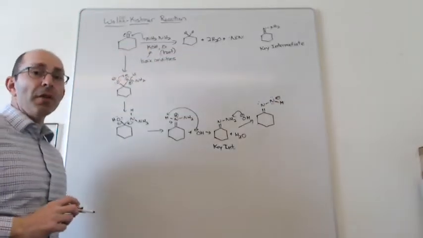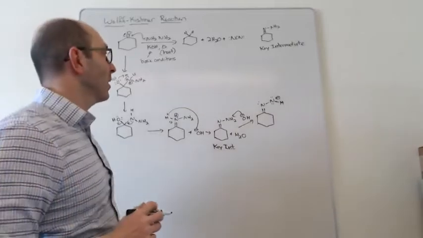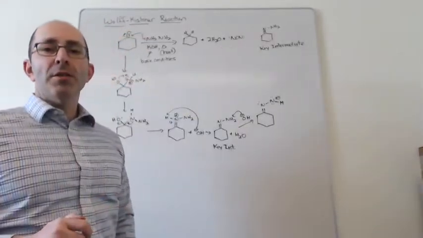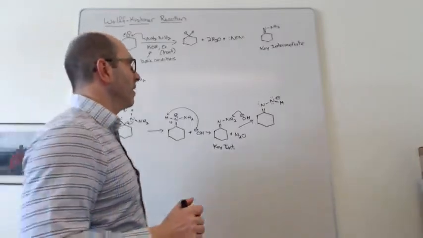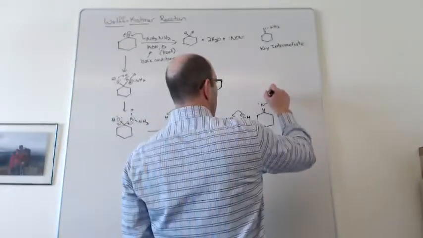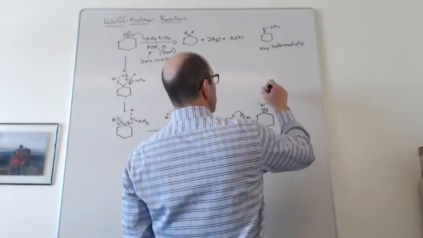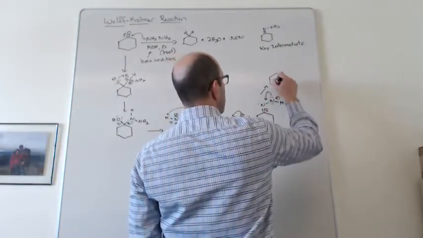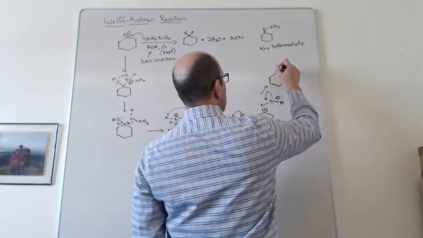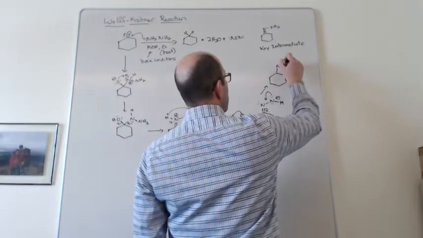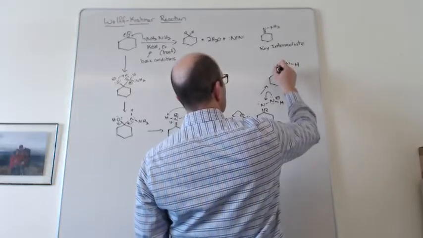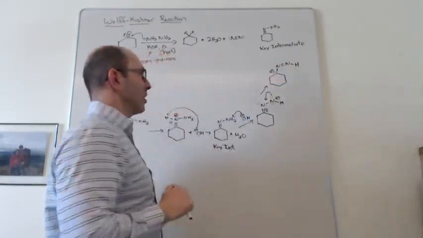We get a negative charge. One thing that's helpful as we think about the mechanism is we know we need to get to nitrogen gas, so we need to get N triple bond N. So we can draw a resonance structure that's going to get us closer to there. It puts a negative charge on carbon, right?